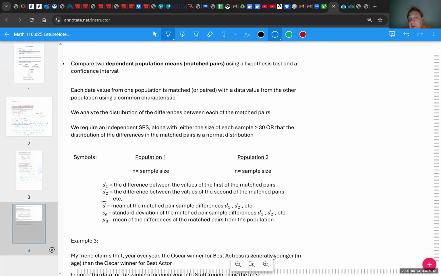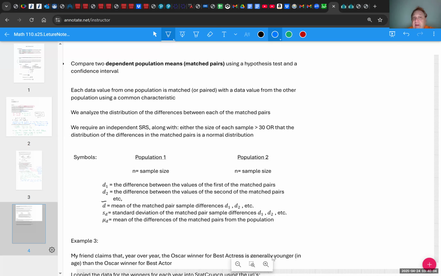In order for our formulas to give us answers that we can rely on, we need, again, independent simple random samples. We also need either that the sample size of each sample is greater than 30, or that the distribution of all those differences of those matched pairs is a normal distribution.